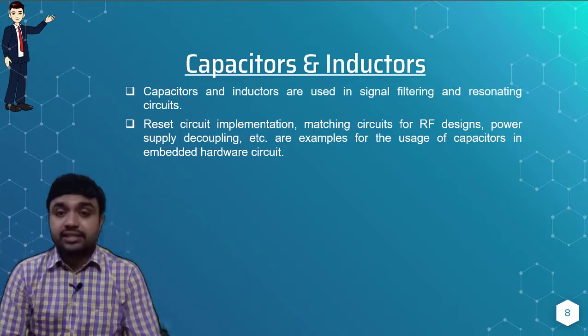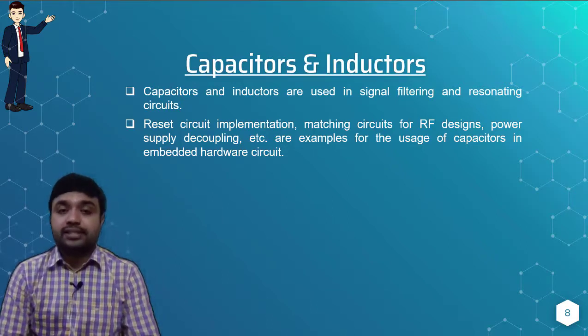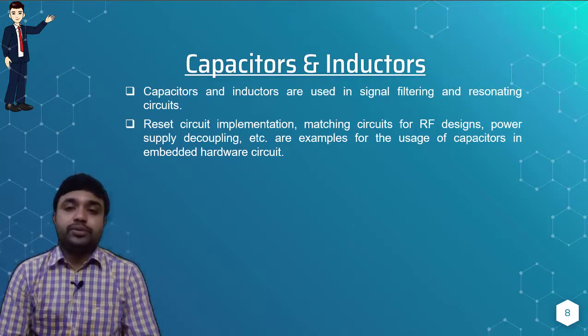If we want to make use of an AC signal, then automatically we need to filter the DC quantity. That means we need to remove the DC quantity. Likewise, the combination of a capacitor and inductor can be used for filtering and resonating purposes.